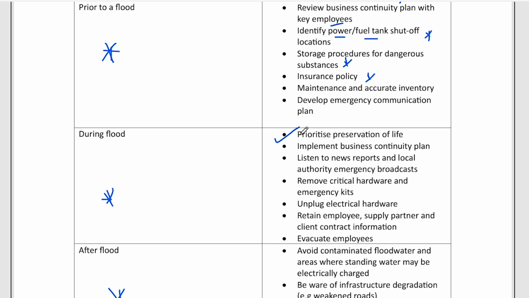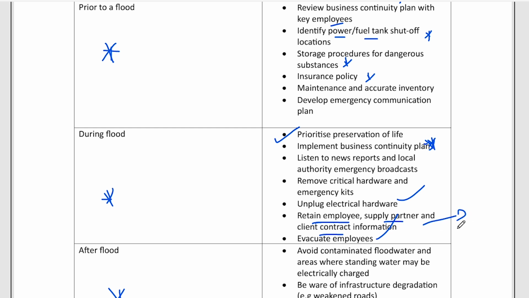Now, during the flood, what do you do? Well, prioritize preservation of life, implement the business continuity plan, listen to the news reports, all this stuff. Unplug electrical devices or hardware, evacuate employees. Retain employee and supply partner contact information.